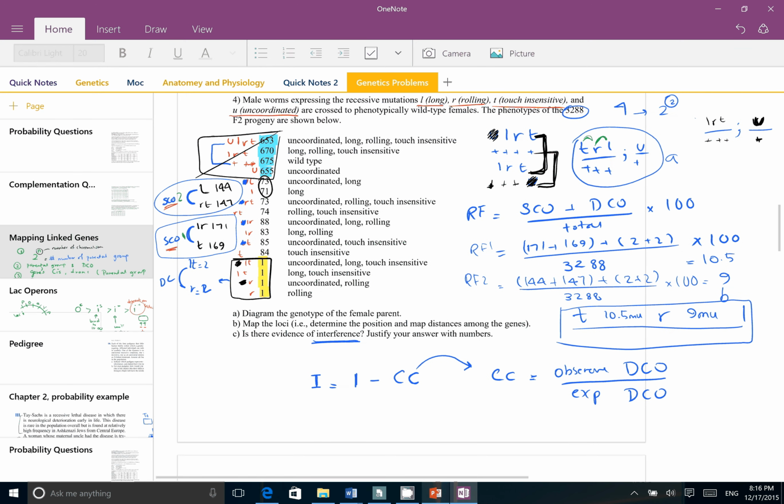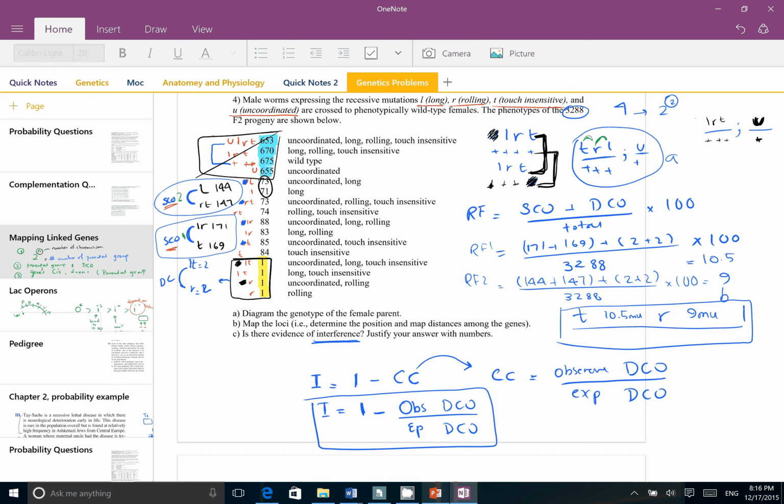So it's actually 1 minus observed double crossover over expected double crossover. So this is your equation for interference.